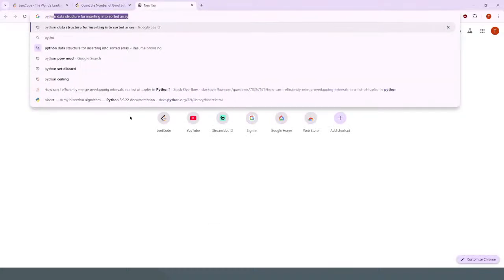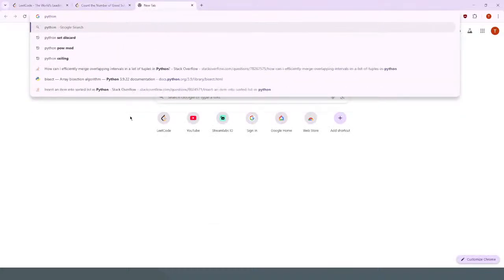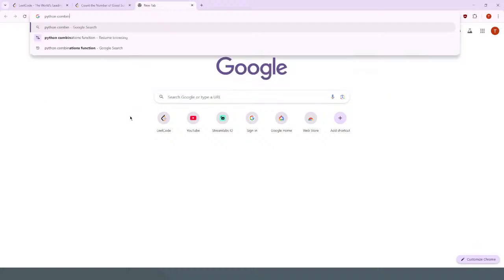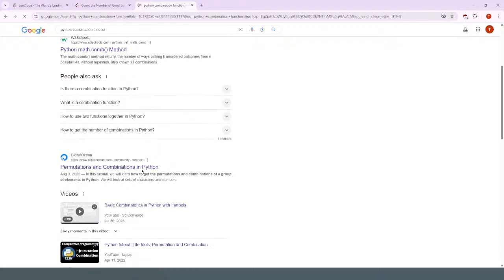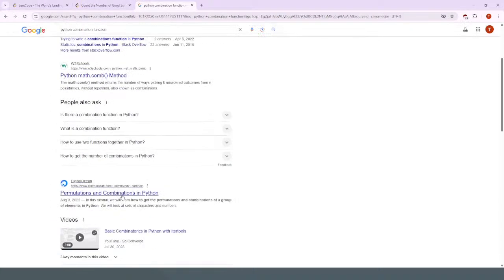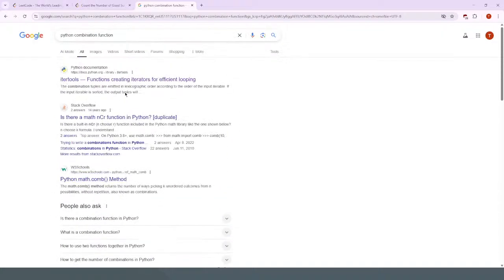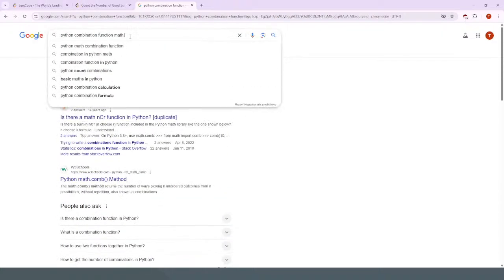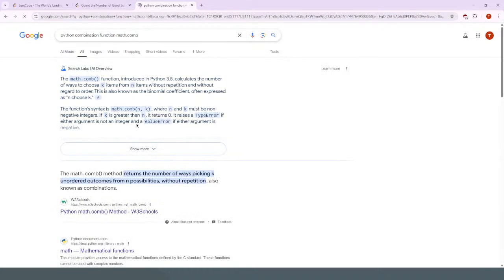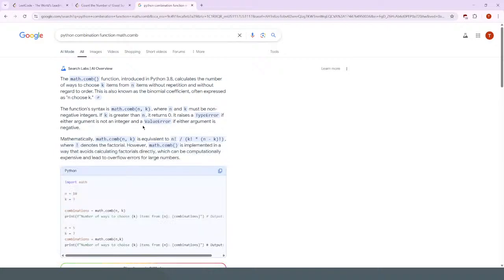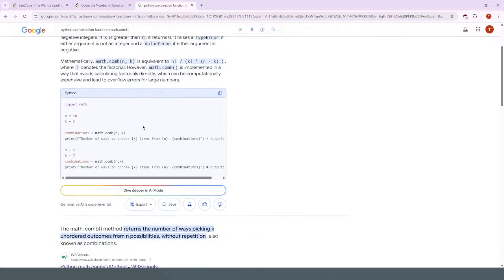What is the Python combination function? I really should memorize this. Is it math.combine? Math.com? Yes, math.comb n, k, n comma k.